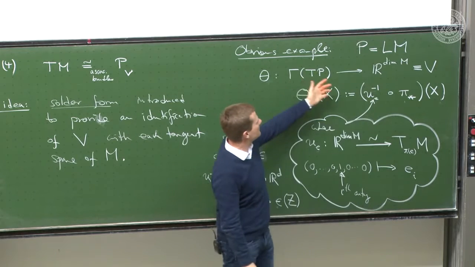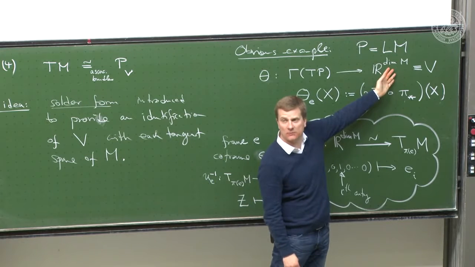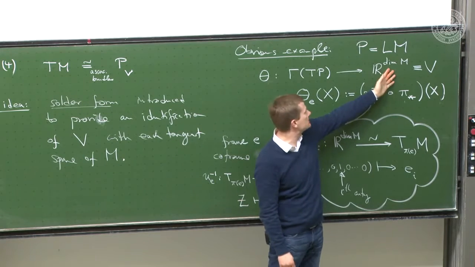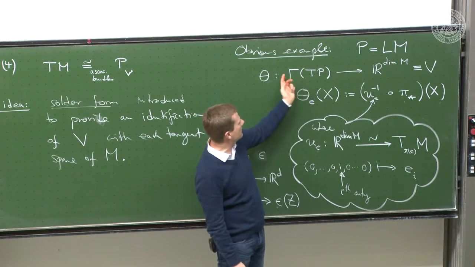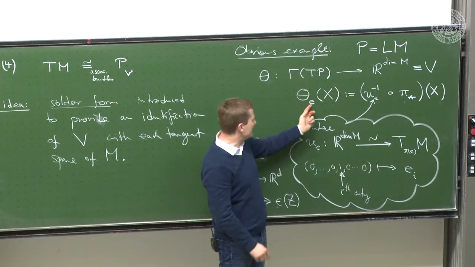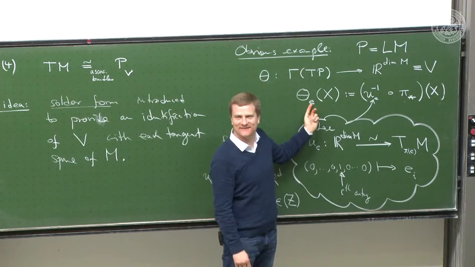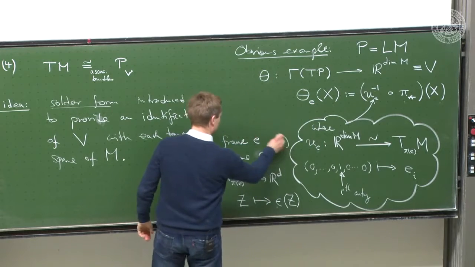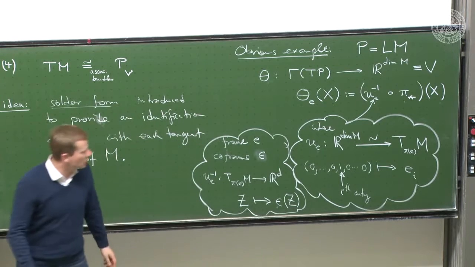So the solder form in this case is just assigning components to it, but in order to assign components at a point, you need a basis. Well, this is why this guy at every point of this bundle is a basis. So it's defined. Okay? It's all quite trivial.